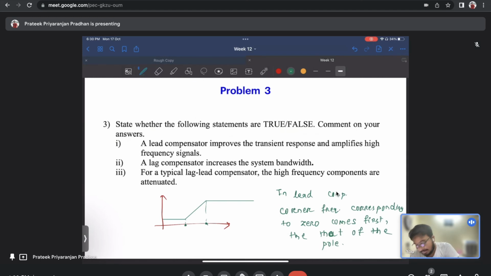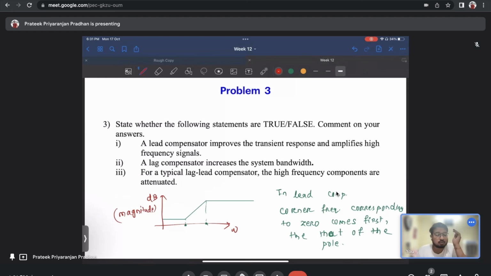Look at the low frequency range. In this range it has the lesser magnitude, and in the high frequency it has higher magnitude, because the magnitude plot is in dB scale, and this is omega.